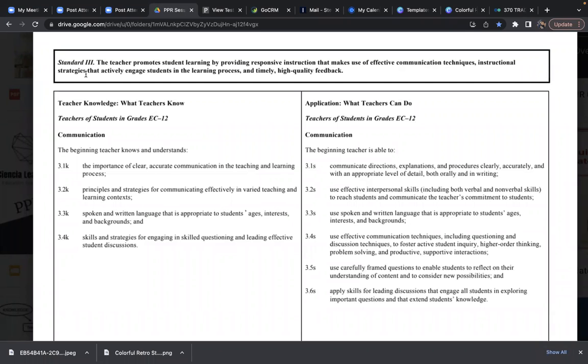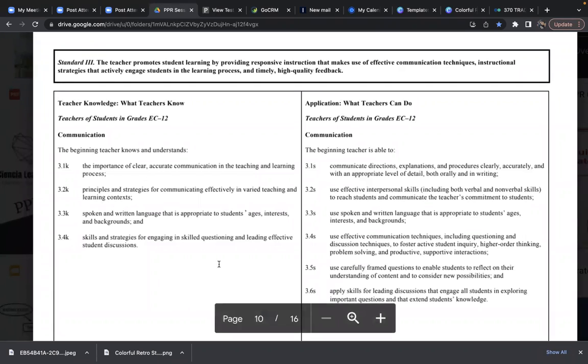So communication techniques: questioning thought up beforehand, using carefully framed questions. These carefully framed questions can only come from, again, going back to standard 1, where you have your objective for the lesson outlined.